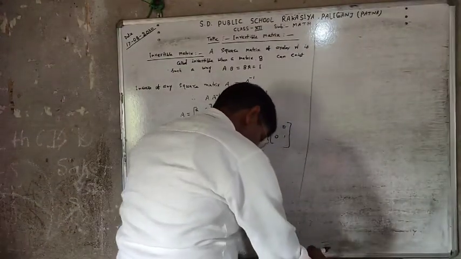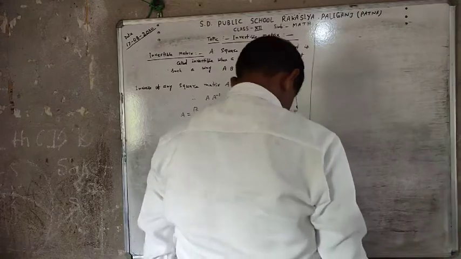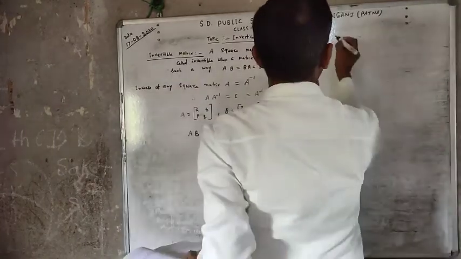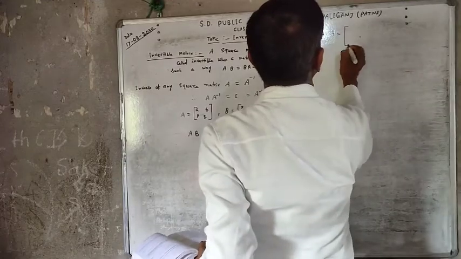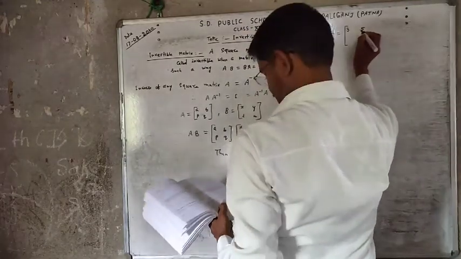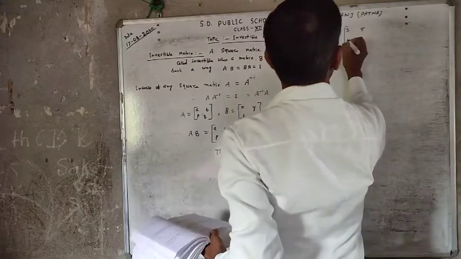Now let us give an example. Let A be a matrix whose elements are 3 and 5, 1 and 2.